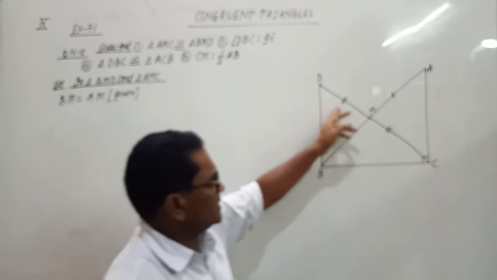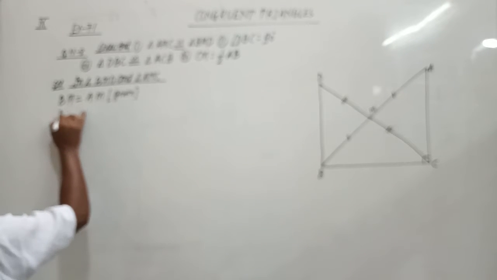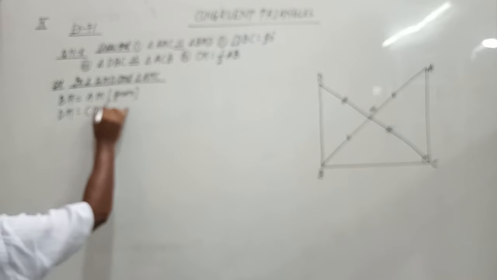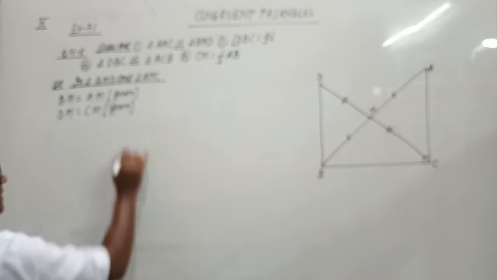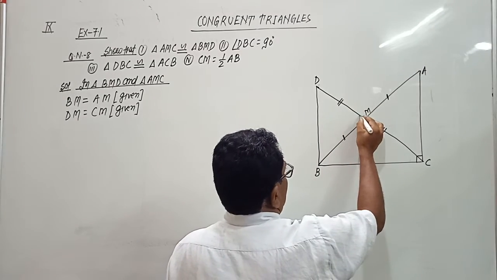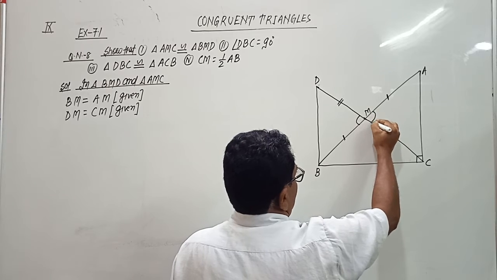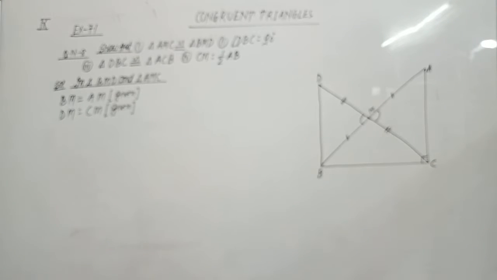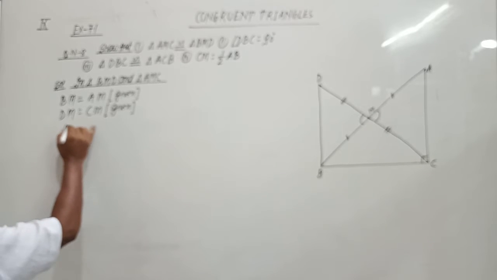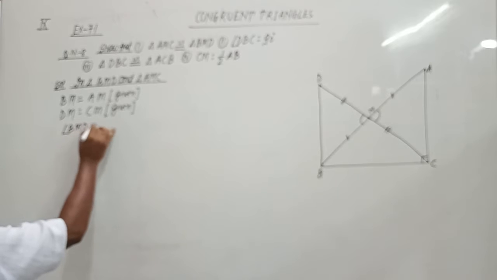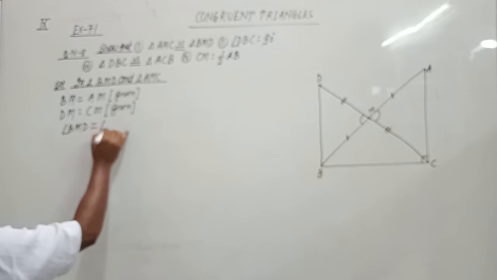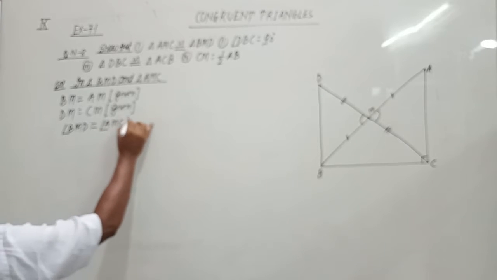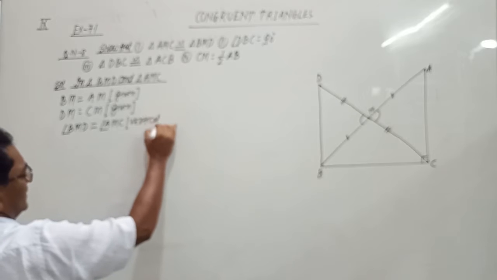DM equals CM, it is also given. And angle BMD equals angle AMC by vertical opposite angles.